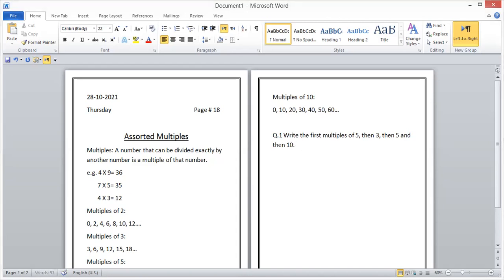So this is the question, guys. You have to write the first 5 multiples of 2, 3, 5, and 10. So I'm going to write the first 5 multiples of 2.